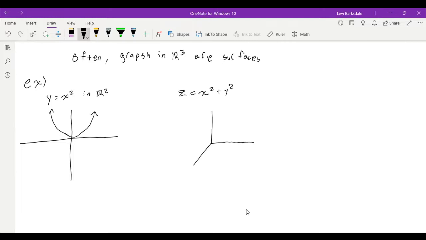Rather than having a curve, what we actually get is an interesting bowl shape, kind of like this. So you can almost think of it as being a parabola spun in a circle.